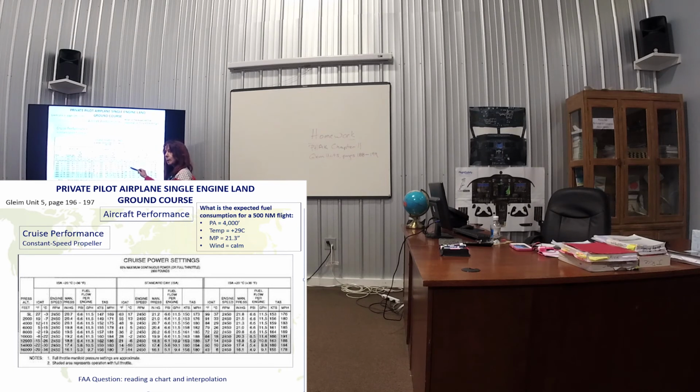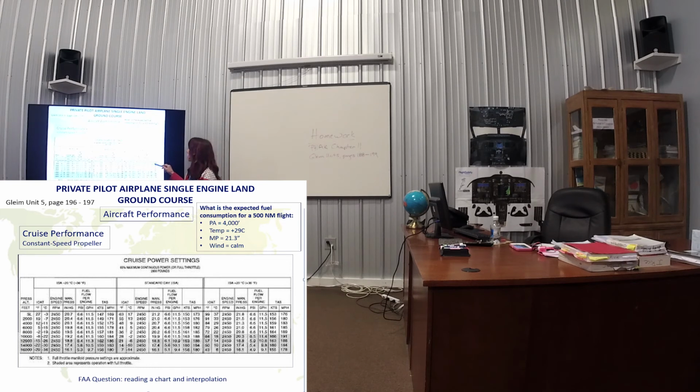So made it easy. We have calm wind. So on a 500 nautical mile flight, what is our fuel consumption? So I lost my line. We have RPMs, manifold pressure, so it all matches. So we are going to burn 11.5 gallons.